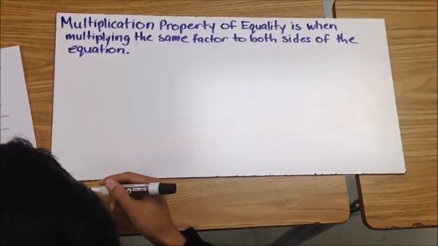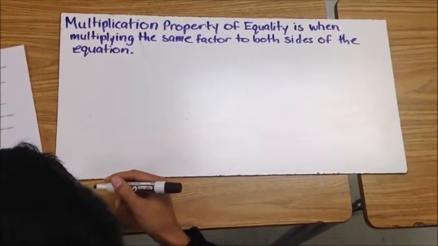The multiplication property of equality is when multiplying the same factor to both sides of the equation.